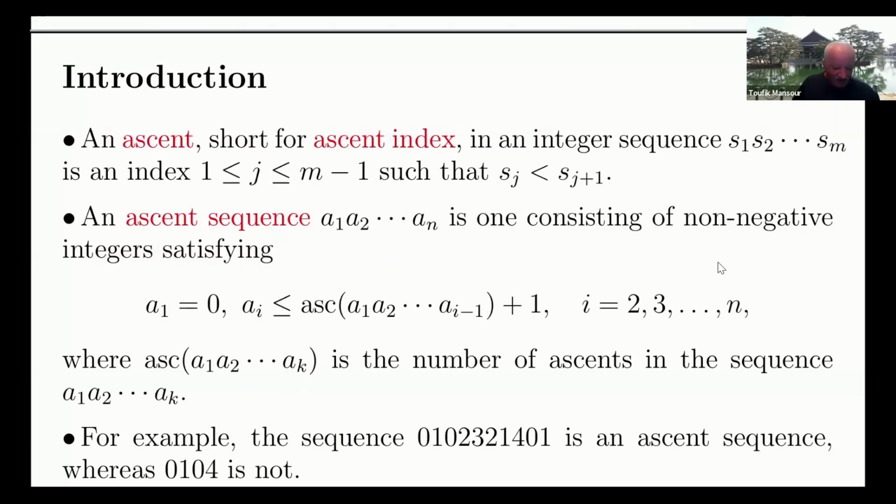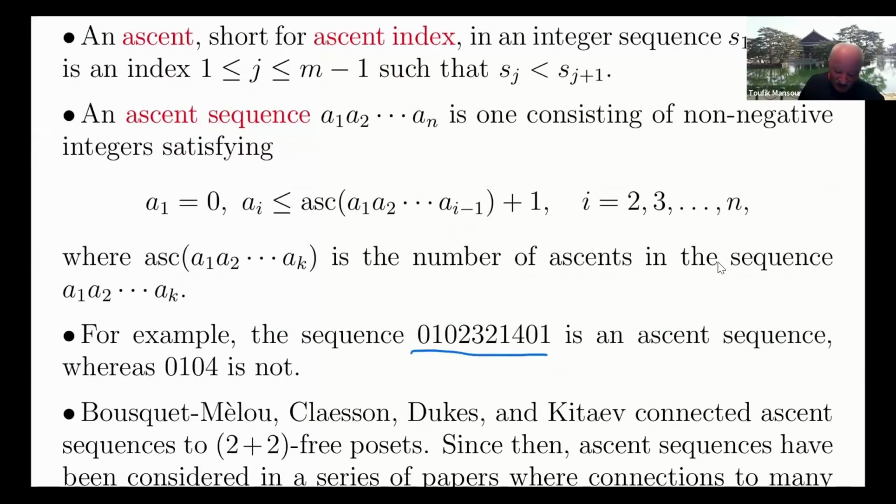Let me give you an example. Look at this. 0 is the first letter. Then I get 0, 1, which is 1 ascent. That means the third letter could be either 0 or 1 or 2. So in this case, 0. If I now look at the first 3 letters, 0, 1, 0, there is 1 ascent.